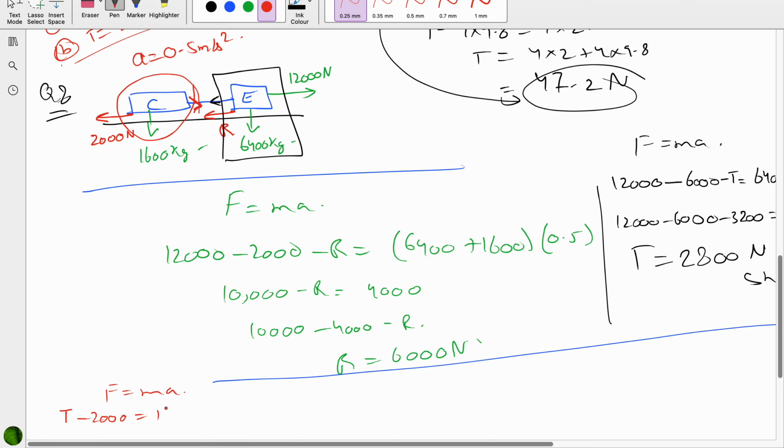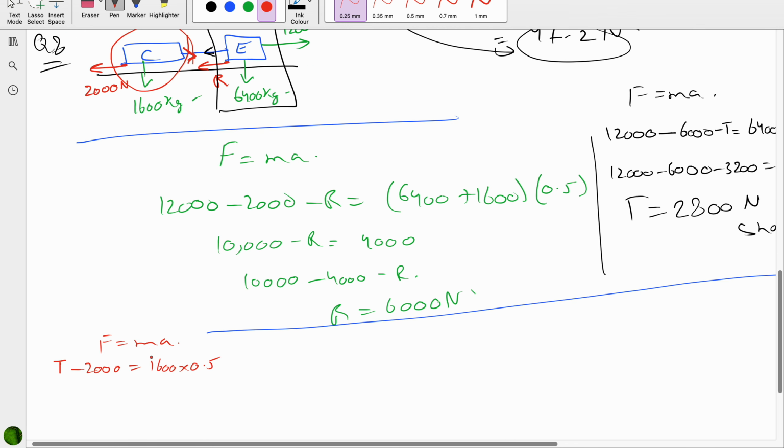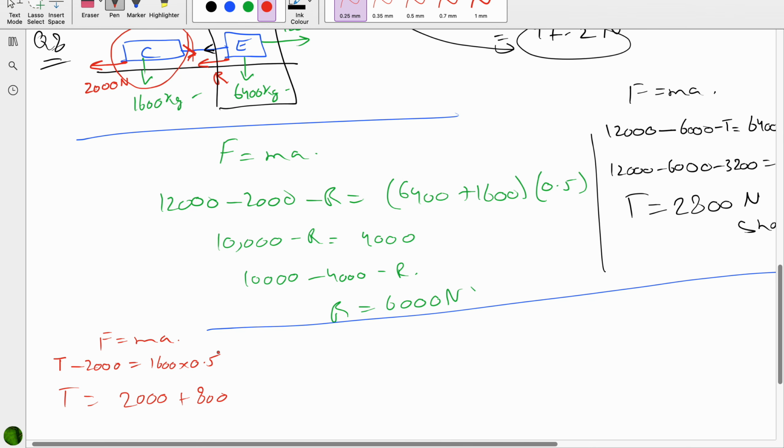On the other side, M times A. So tension is equal to, we take this 2000 to the other side, sign changes to positive. 1600 times 0.5 is 800, and 2000 plus 800 is 2800 newtons, shown. Clear?